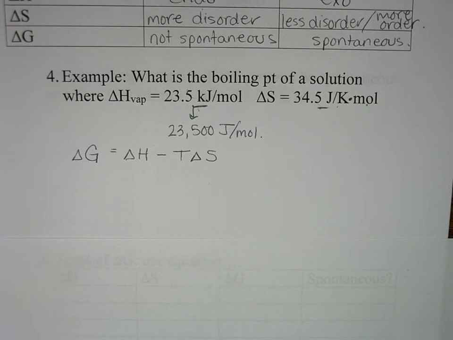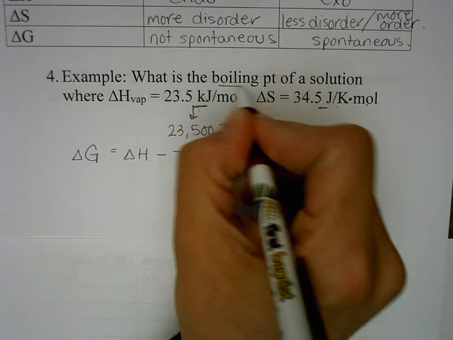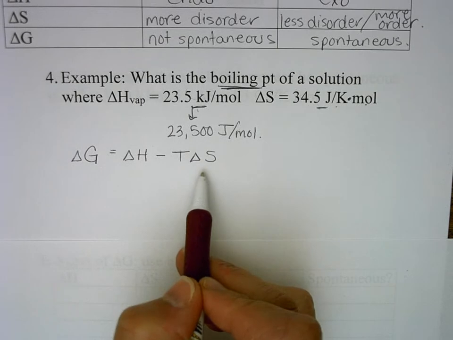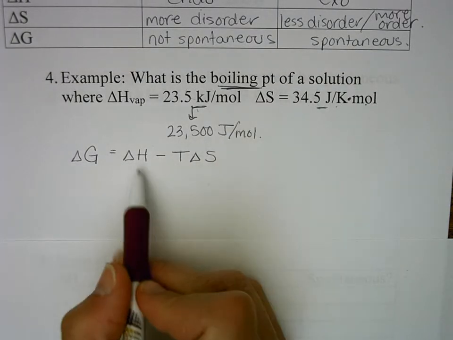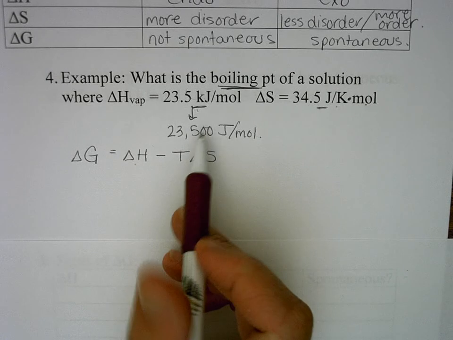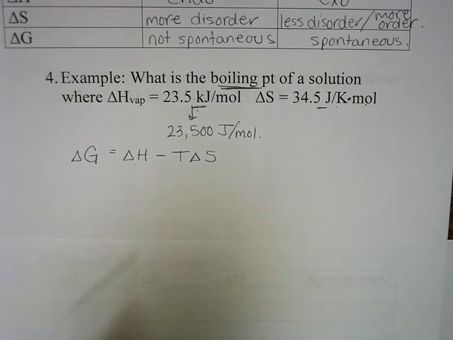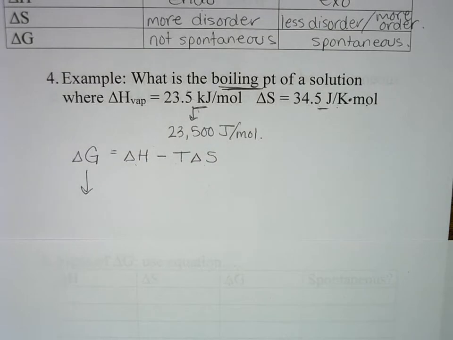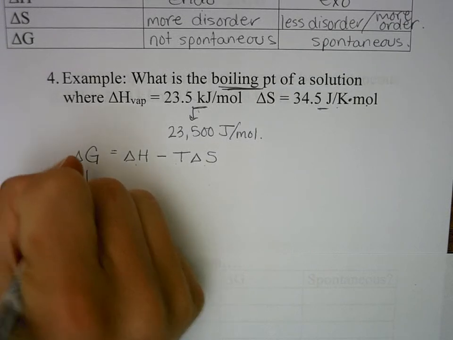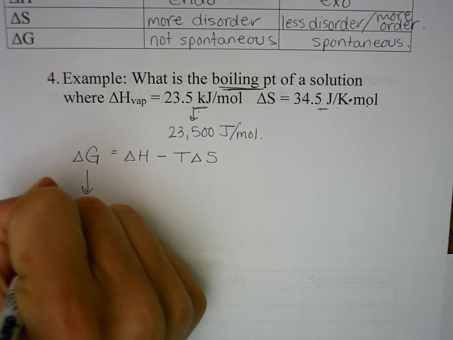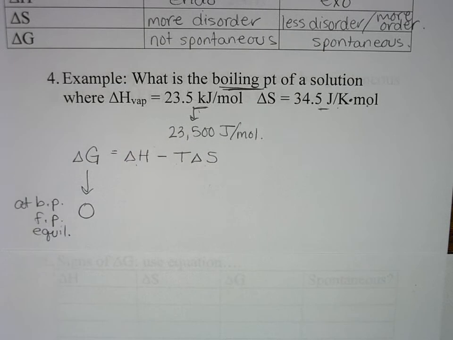This question is asking me to solve for the boiling point. Which letter is that in this equation? T. It's a temperature, so I'm going to be looking for temperature. They give me delta H, they give me delta S. But if I'm solving for T, that means I also need to have delta G. The reason why I put this in here is because it's an extra thing that you need to know: at the boiling point, at the freezing point, and if they mention any kind of equilibrium situation, delta G values equal 0.